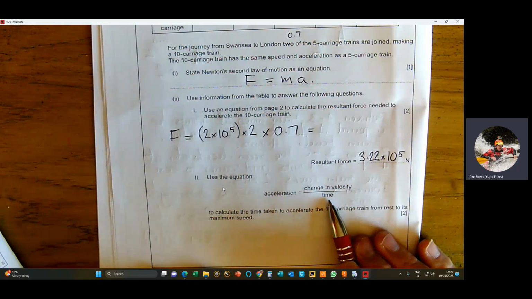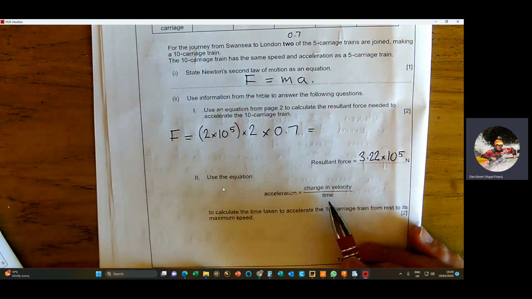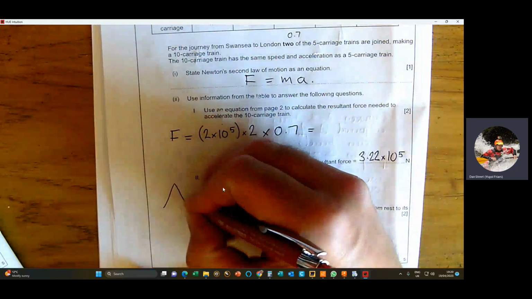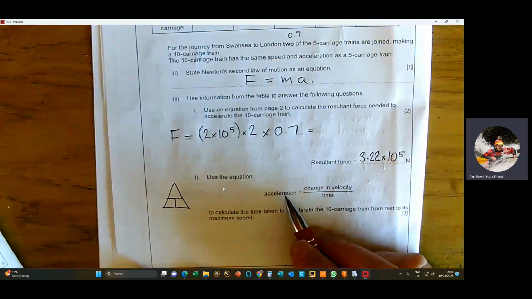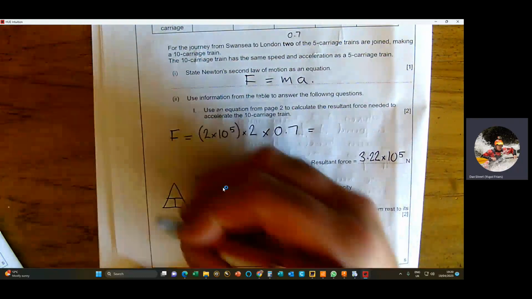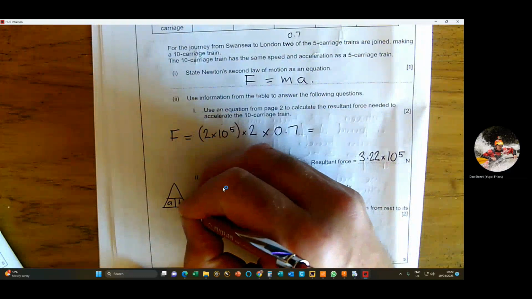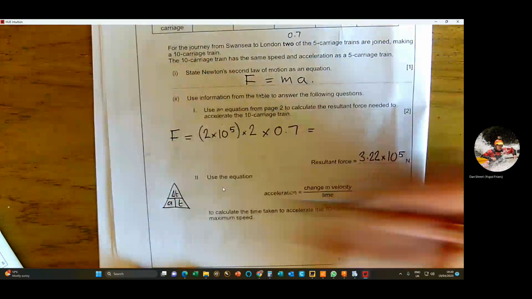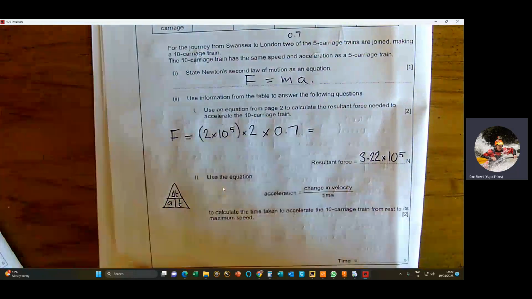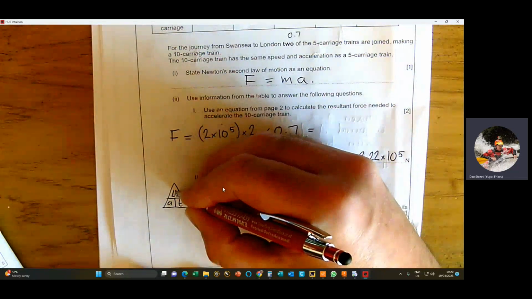This is always a good time to introduce a formula triangle. If we turn that into a triangle, acceleration and time will be on the bottom, and change in velocity, delta v, is at the top there.